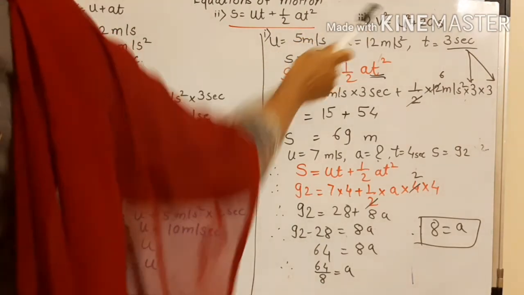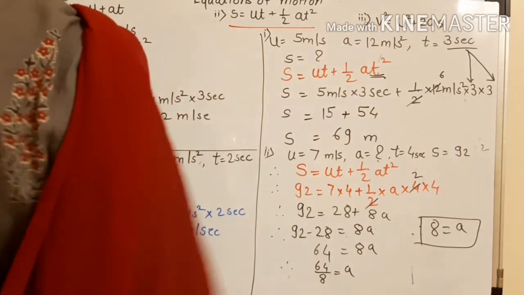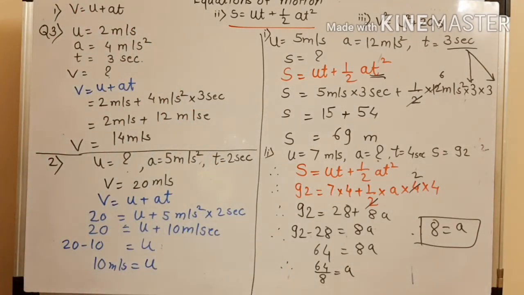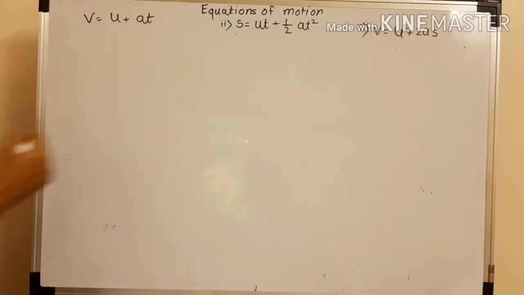The last formula which we are going to use is v square is equal to u square plus twice as. Now we are going to use the third equation of motion, given in the last table.